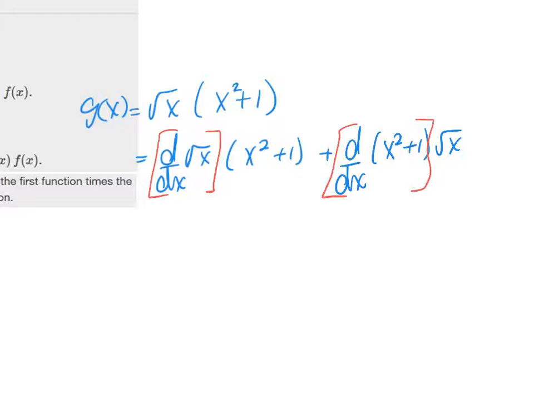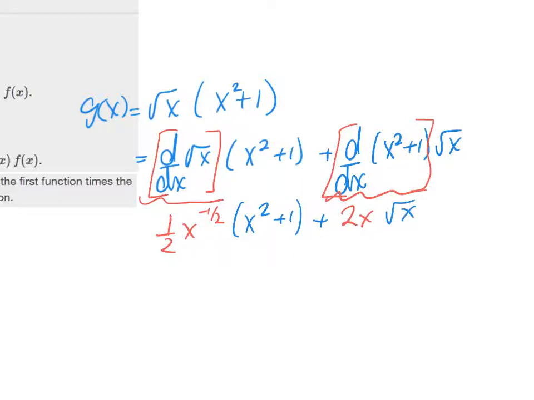So this part here is going to equal 1/2 x raised to the negative 1/2. Here's my second factor I'm doing nothing with yet. And then plus the derivative of my second factor, which is just 2x, multiplied by the square root of x.